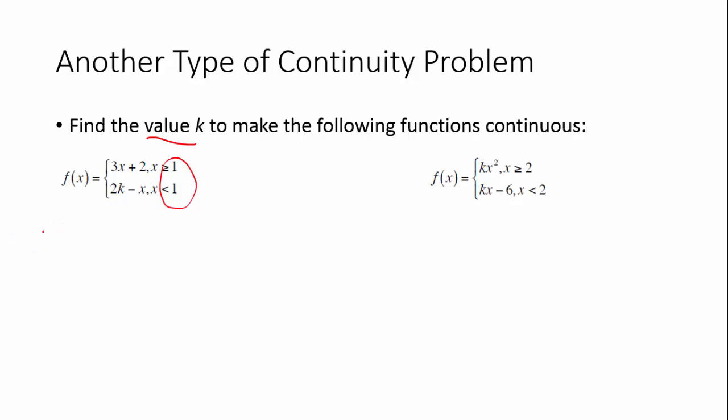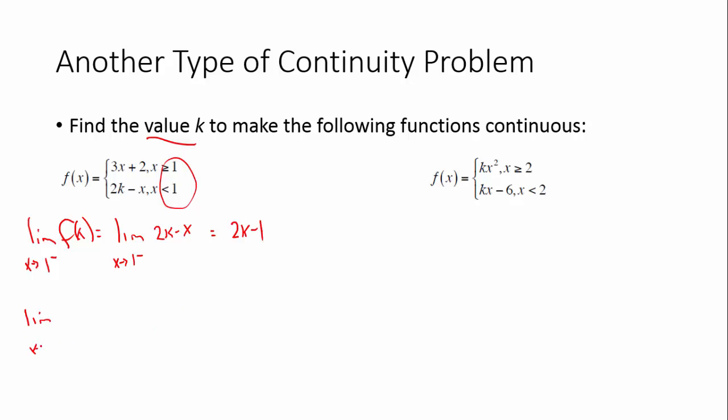Okay? So we'll start with the limit as x approaches 1 from the left. That's going to be the limit as x approaches 1 from the left of 2k minus x. Well, if we put in 1 for x, we get 2k minus 1.